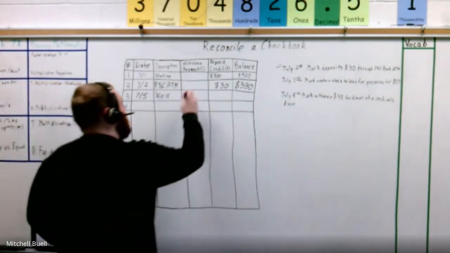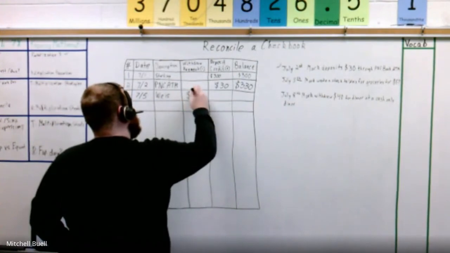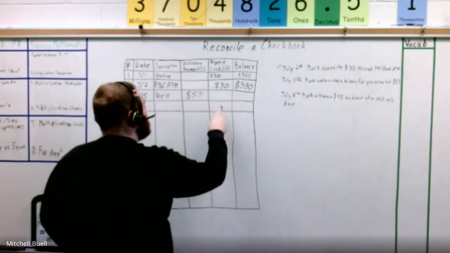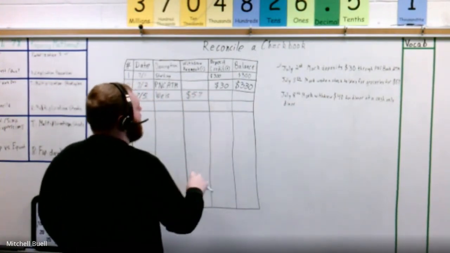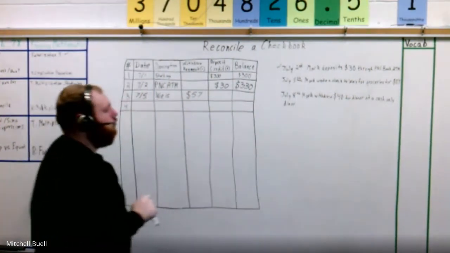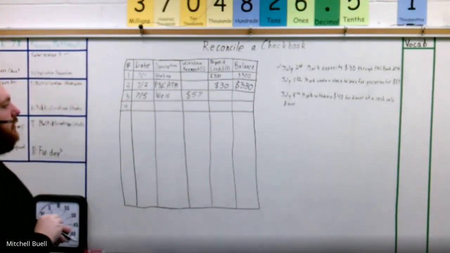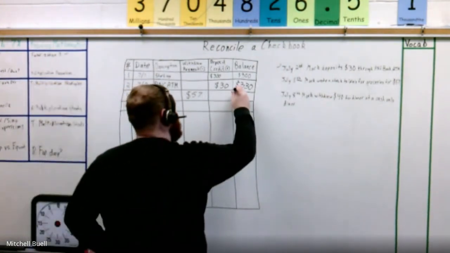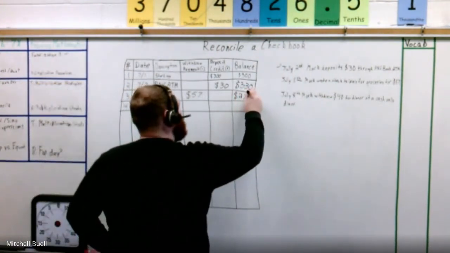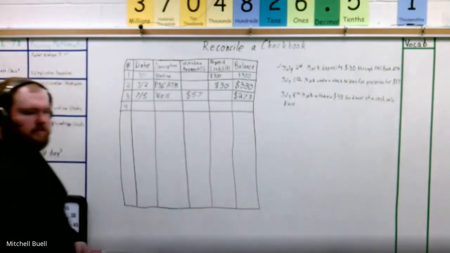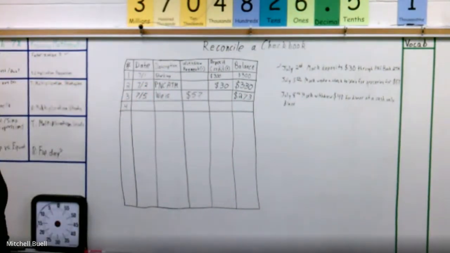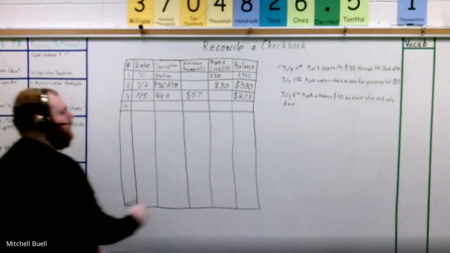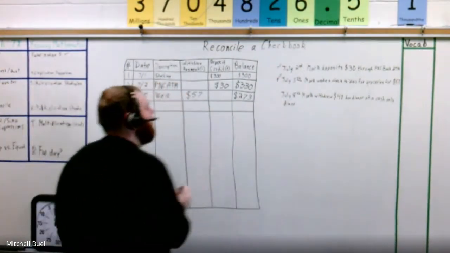The withdrawal amount was $57. There was no deposit amount. So I'm going to subtract 57 from 330, and I'm going to get 273. That's how much money Mark has in his account right now after this Weiss transaction. Check mark, did that.